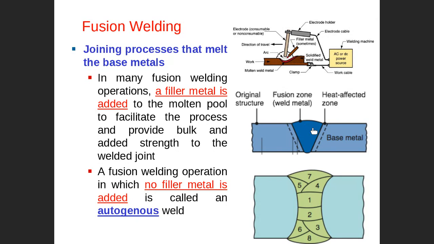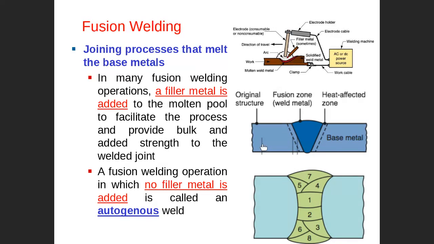The question is, what is the filler material? The filler material must be the same material, because fusion welding is limited to similar materials. Even the filler material you use must be compatible with the base material.